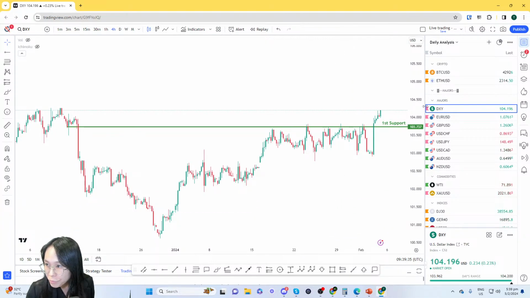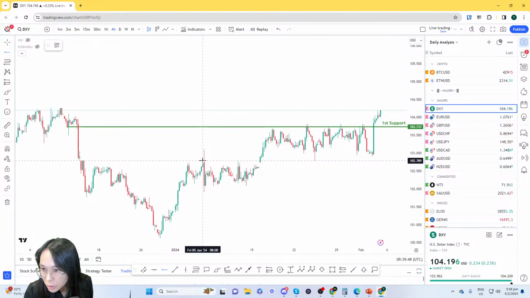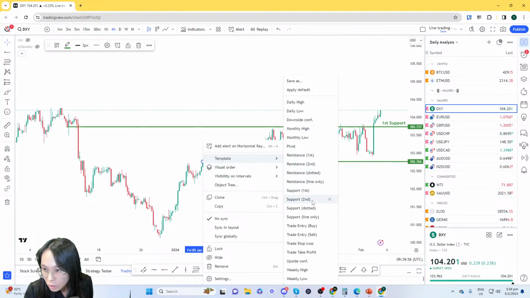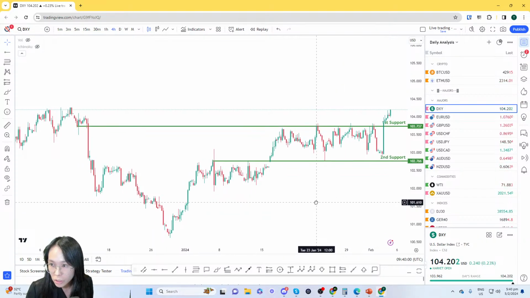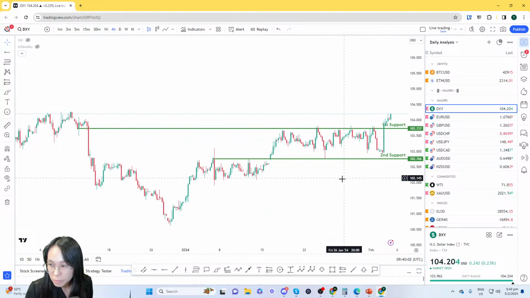The second one is a bit tougher. I'm going to use this one here. This will be my second support, which is also an overlap.